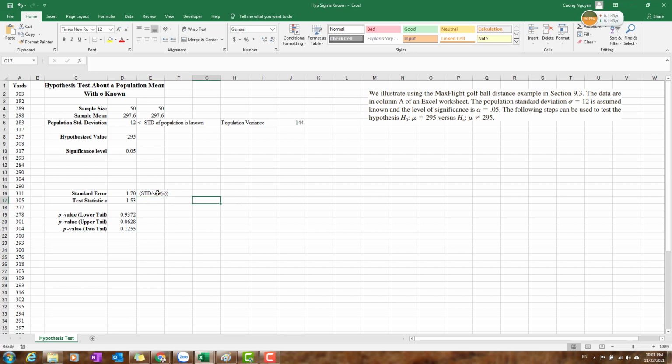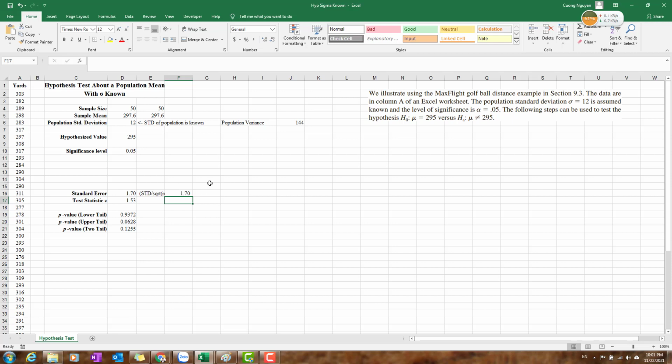So I take the population standard deviation, already known, and divide it by the square root of the sample size 50, and that's how I got 1.70. I round it to two decimal places.